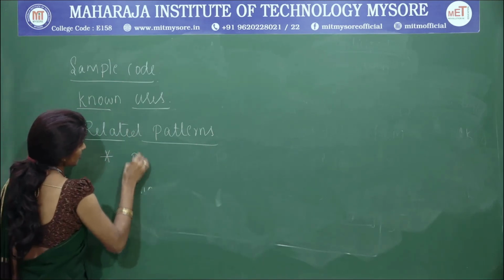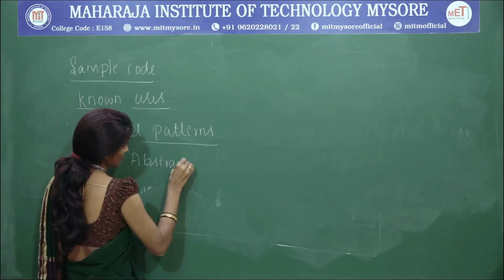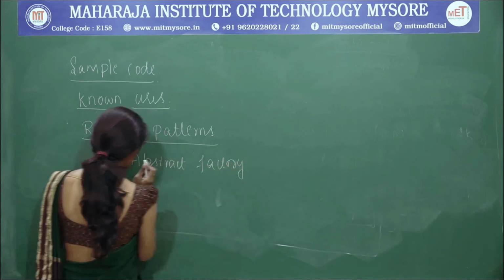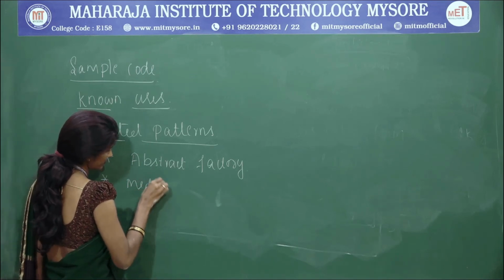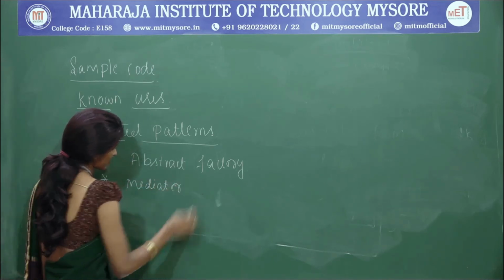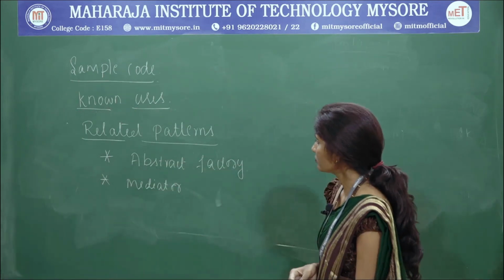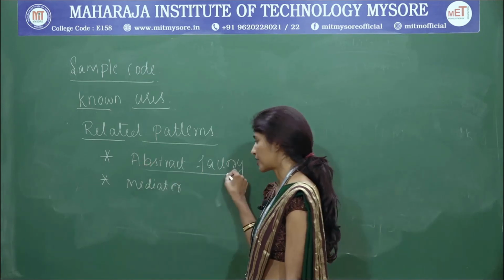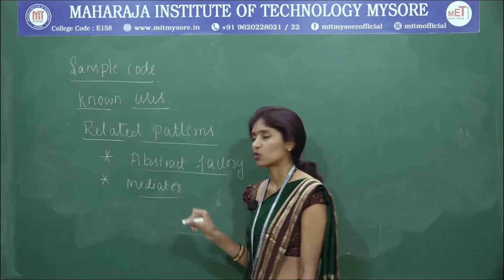Related patterns: abstract factory and mediator. Here we have the related patterns for the facet design pattern: the abstract factory is related to our facet design pattern, and the mediator is also related.